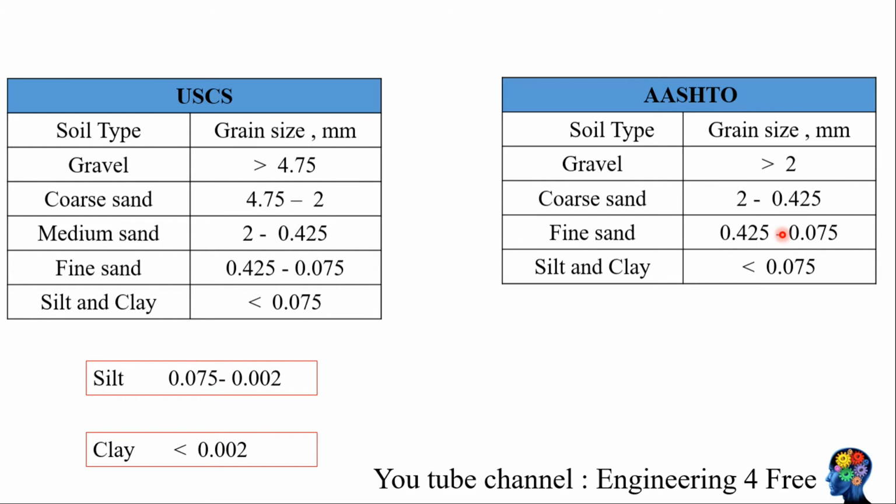In both classification systems, silt and clay, or fine grained soils, are materials which have a particle size less than 0.075, and silts are materials found between 0.075 and 0.02 mm, and clays are particles less than 0.002.